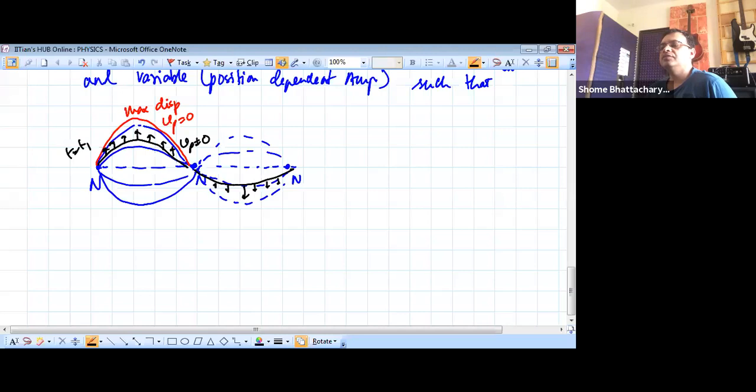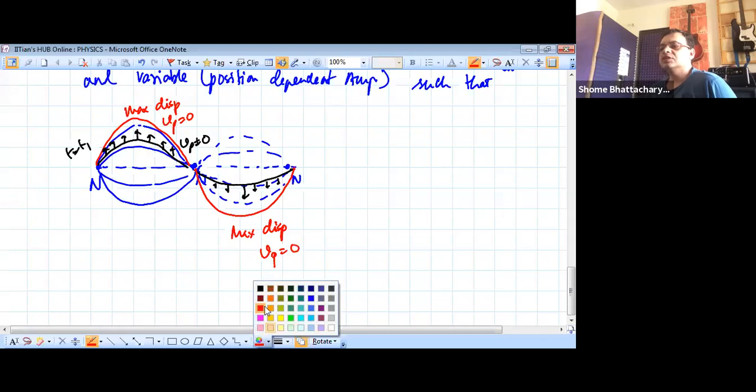And at a different time, when the particles between the first and second node have reached their displacement maxima, the particles between the second and third have also simultaneously reached the displacement maximum, but on the negative side. So their Vp is 0.